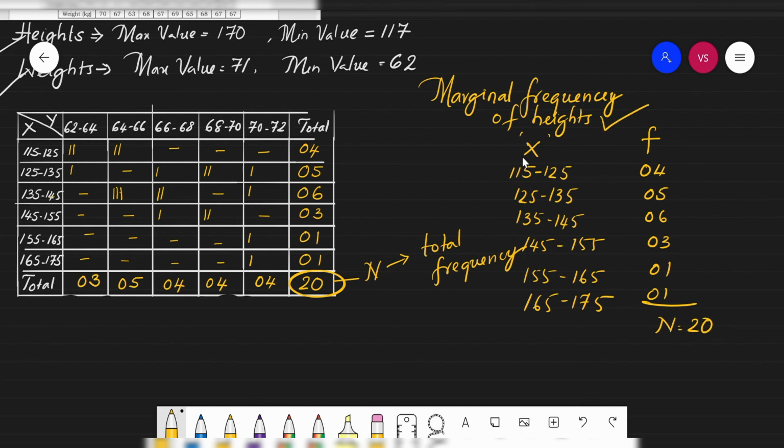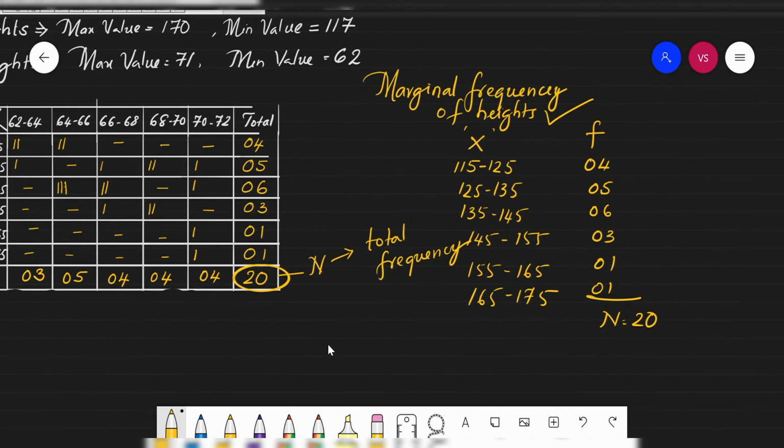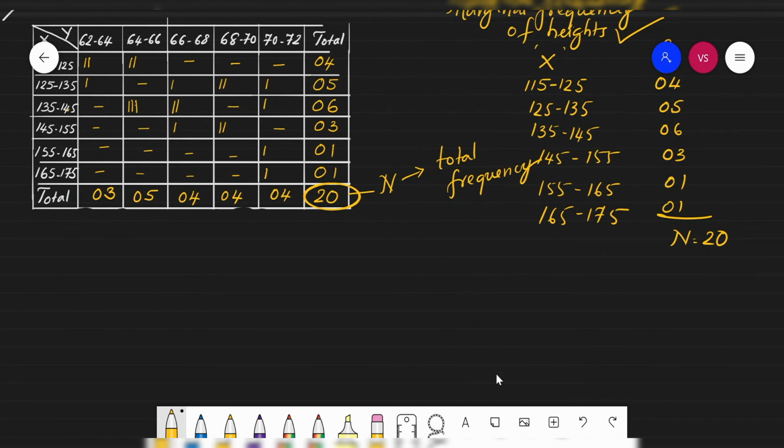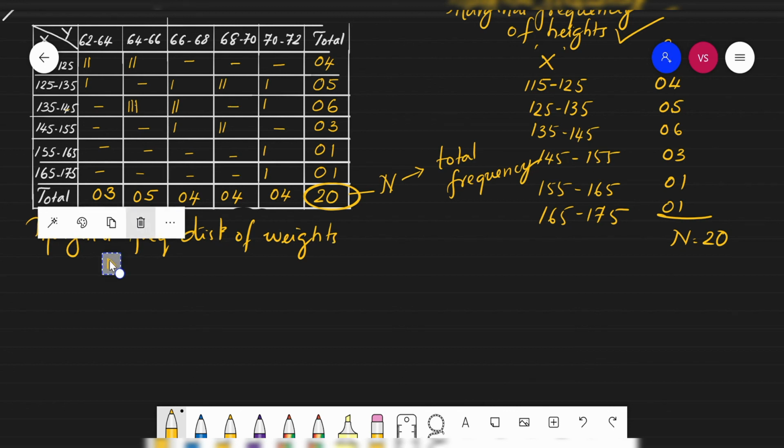Okay, so likewise we also can do it for weights. Marginal frequency distribution of weights. The weights variable we denote as y. What are the values of y?